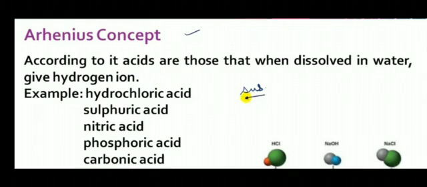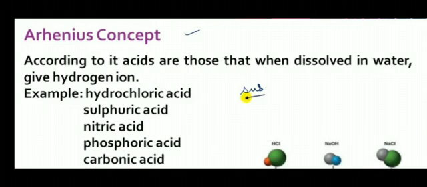Hydrogen ions, being unstable, cannot exist alone. They react with water and produce hydronium ion. So, now we can define acids as those substances which dissociate into hydronium ions in aqueous solutions.